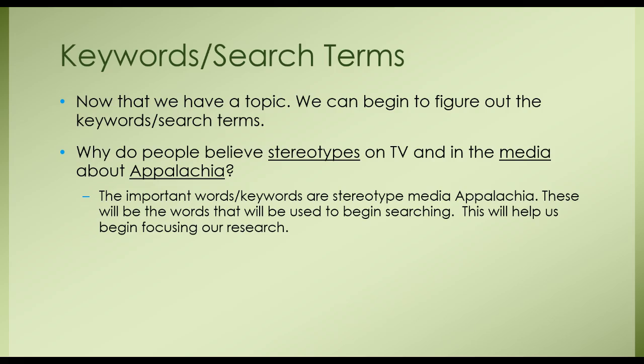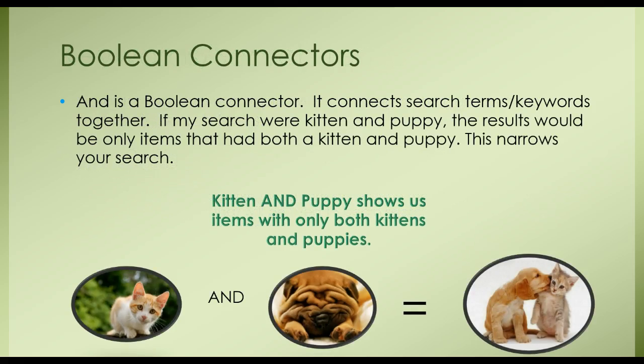These will be the words that I'm going to use to begin searching, and this will help us begin focusing our research. As a part of that, first I want to explain to you Boolean connectors. Boolean connectors are words that either broaden your search or narrow your search.